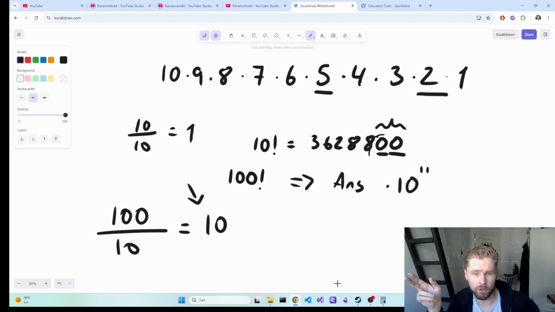I can create a 2. I got a lot of 2s. So 5s are my limiting factor, dude. So I also need to see how many 5s there are.